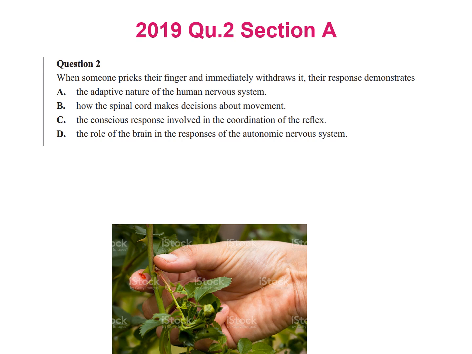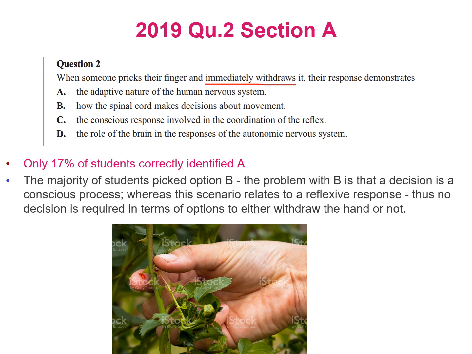Now, check out this question which stumped students. Someone pricks their finger and immediately withdraws it. This response demonstrates, you might want to freeze the screen so you can process the options here, but only 17% of the state correctly identified A. So let's unpack this question. A lot of people went for B, and the problem with B is this word here, making decisions.